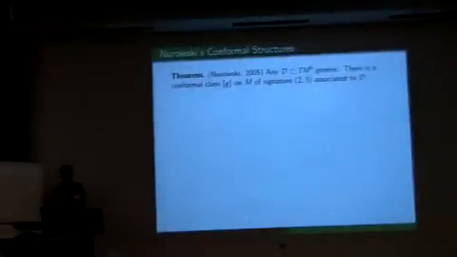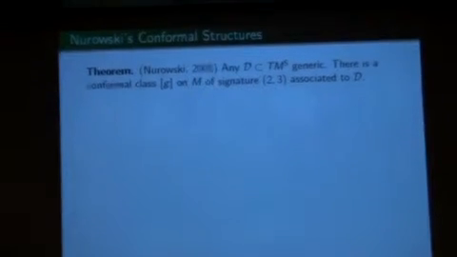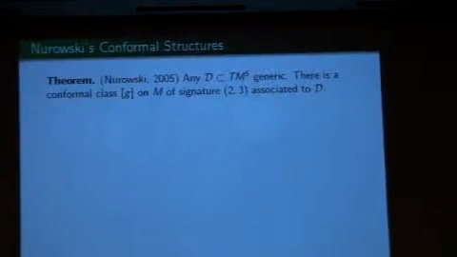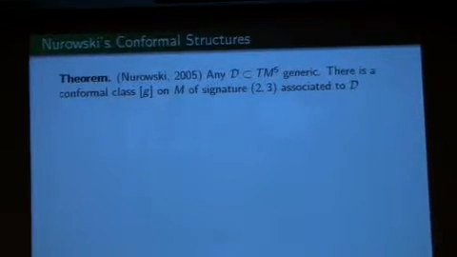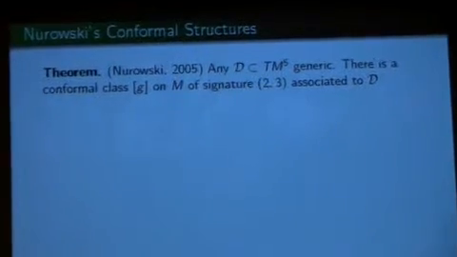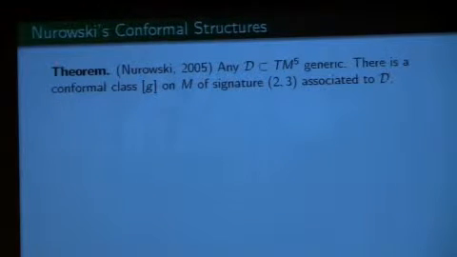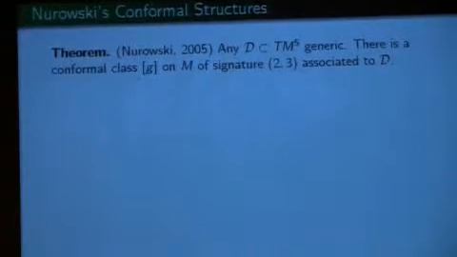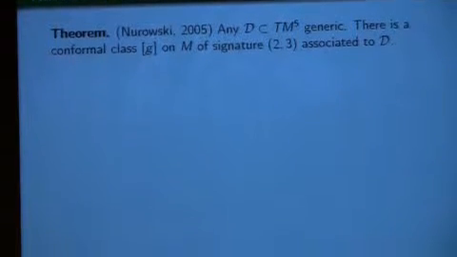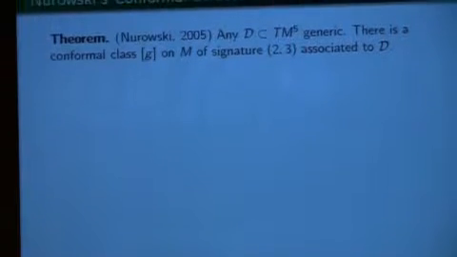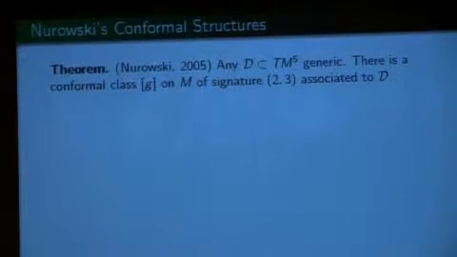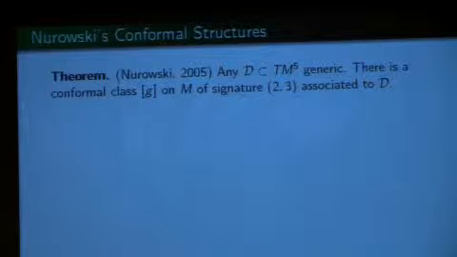But anyway, it wasn't until 2005 that Nurowski realized that if you start with any generic two-plane field in a 5-manifold, then there is an invariantly defined conformal class of metrics of signature (2,3) that is associated to that two-plane field. So any diffeomorphism that maps one D to another is going to preserve the conformal class of metrics. So this gives us an interesting class of conformal structures. This was Nurowski's real insight here.